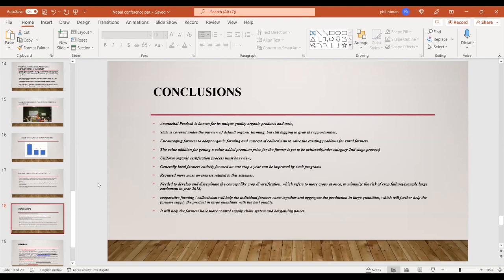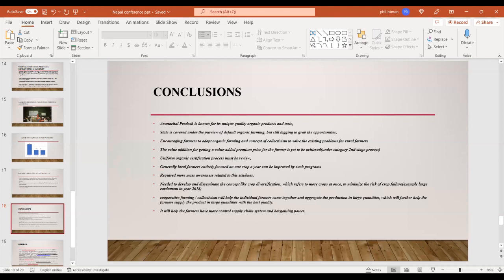And one more problem that we came up with during our survey is the organic certification process, which takes around 3 to 4 years, and it demotivates farmers due to the cost of certification and training.